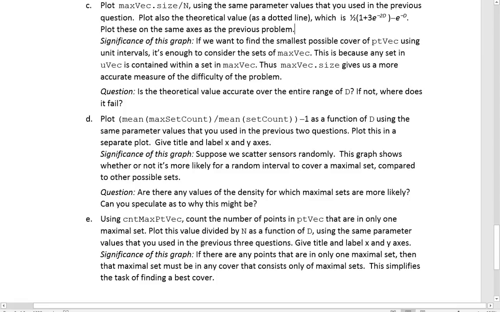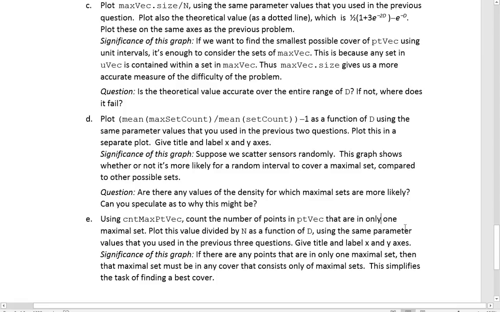So what are we talking about here? You're looking in PTVec, and when you do the simulation, PTVec is in some of the sets and is not in other sets. So count max PTVec is going to count the number of points that are in only one maximal set.